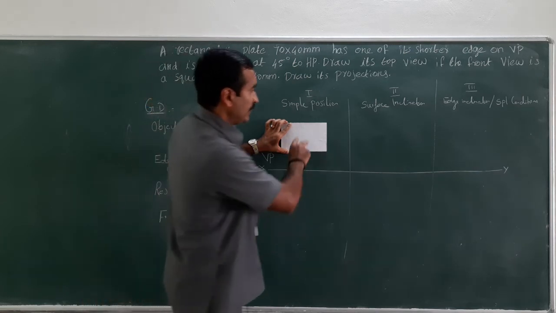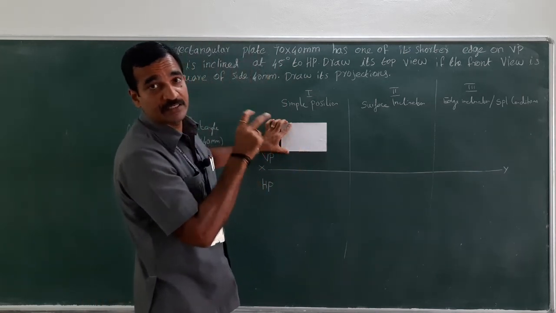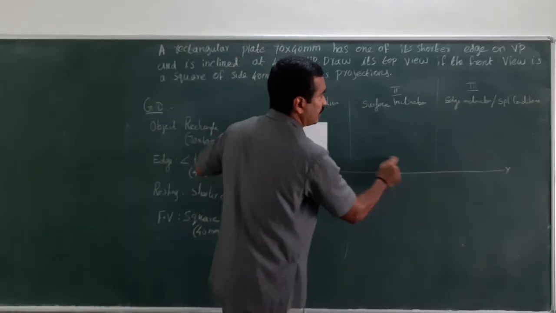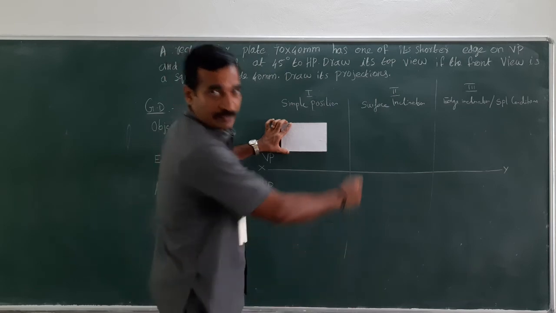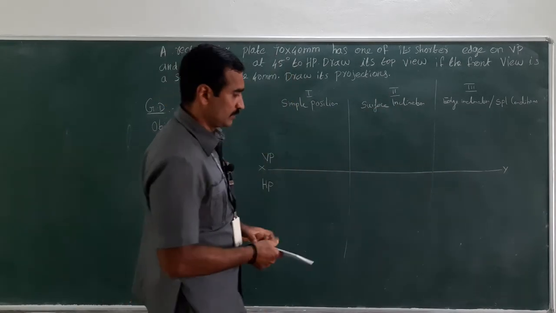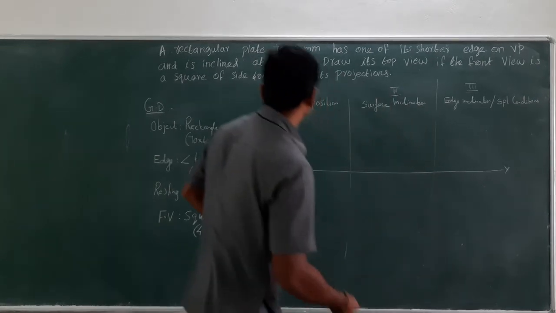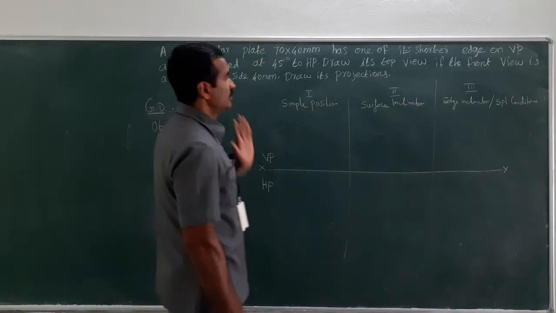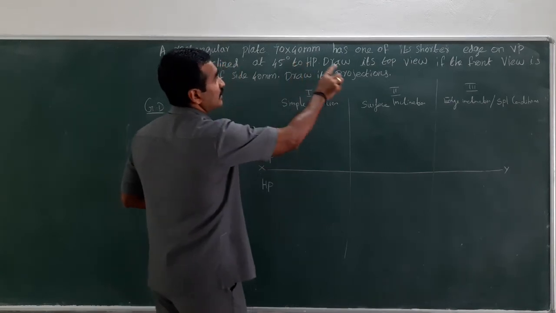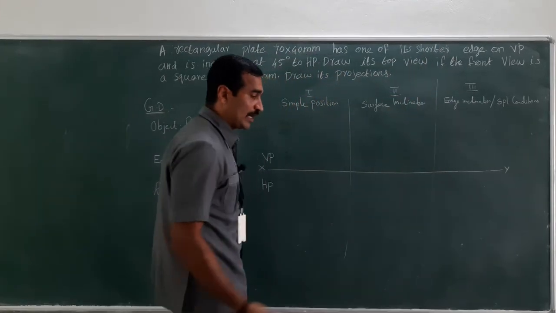And the skewed shape will be obtained on VP as a square. So to start with, simple position here, it's resting on the shorter edge.